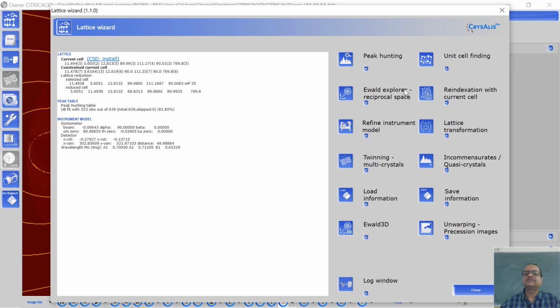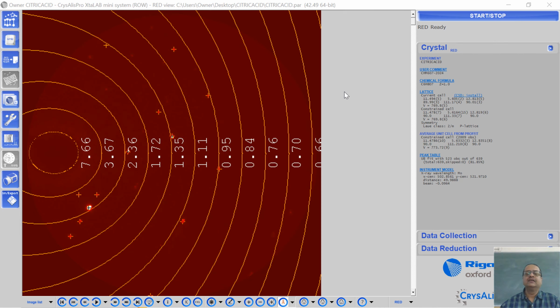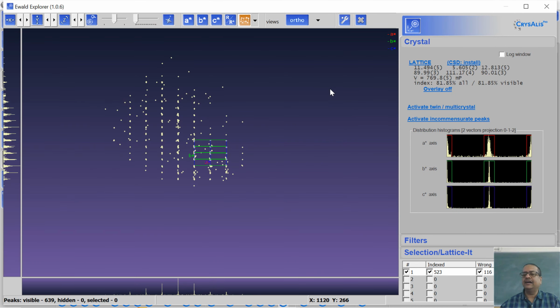This Ewald Explorer or reciprocal space viewer shows you all the spots in the reciprocal space. This gives you an idea about how good the crystal was, whether the crystal had some crack in it, whether the crystal had some additional tiny crystalline particles sticking to it or not.